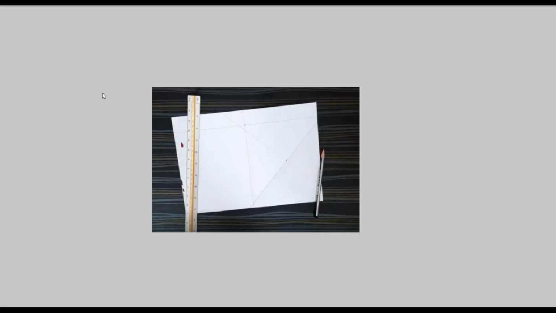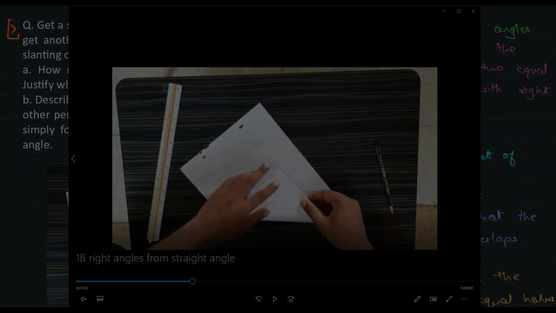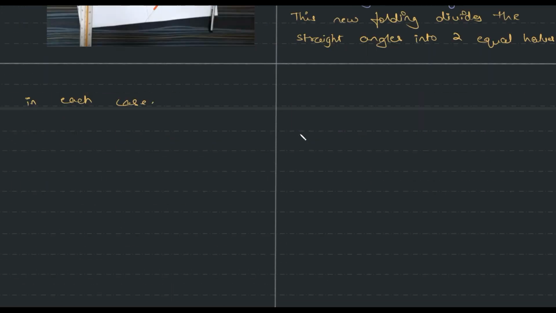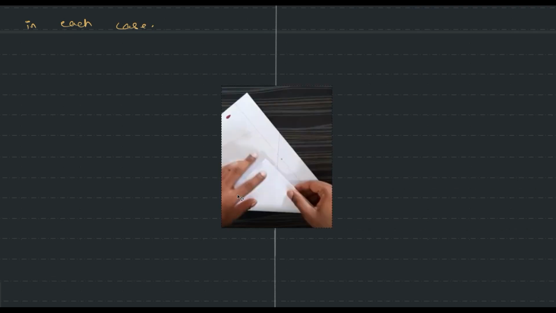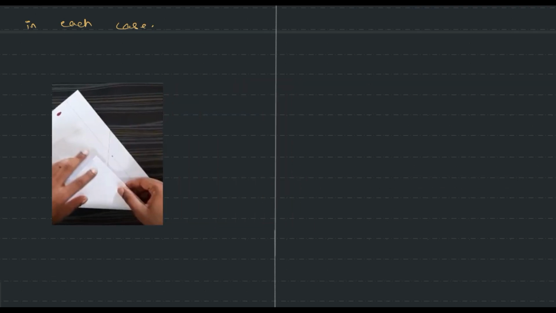Okay, so basically that's where the key is. This was supposed to be the straight line, right? I folded in such a way that this part, it's something like this.